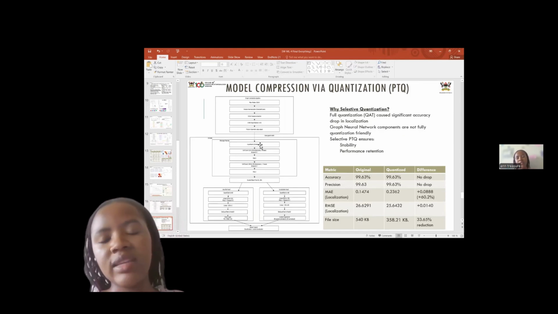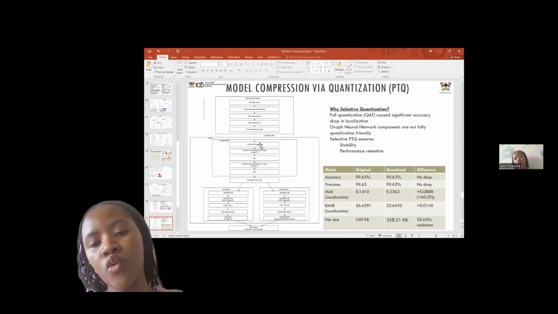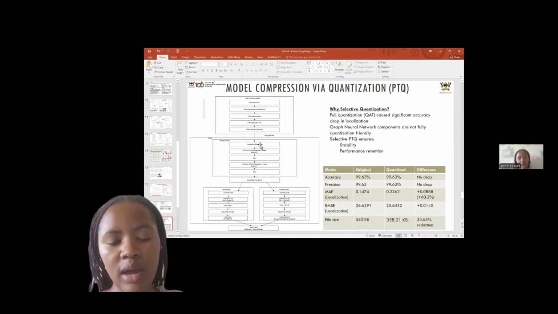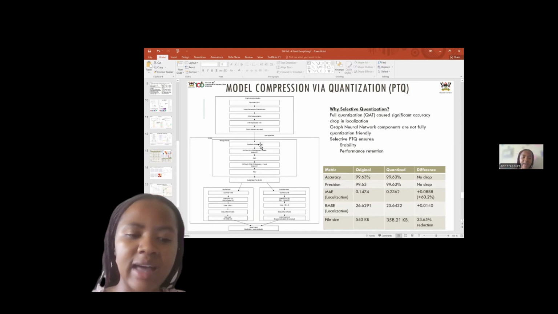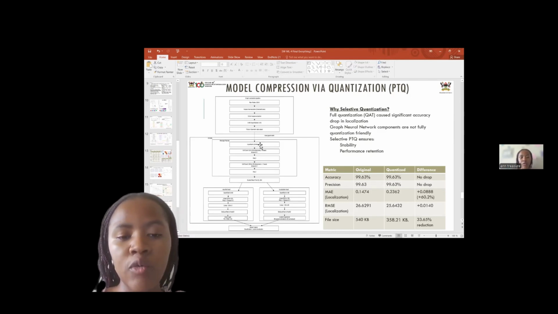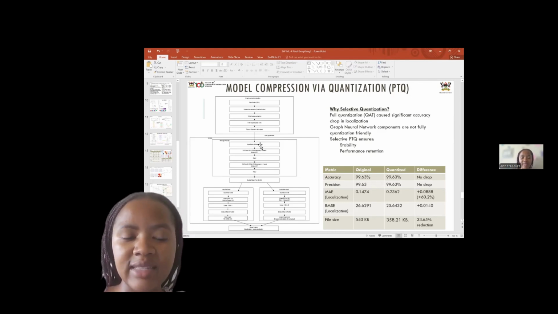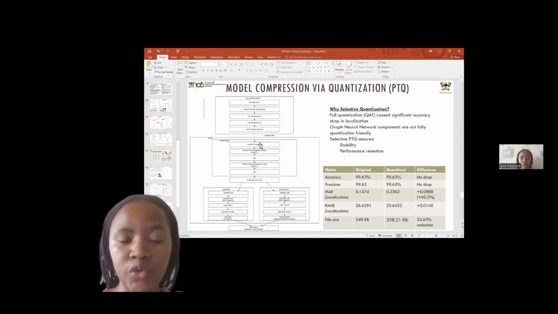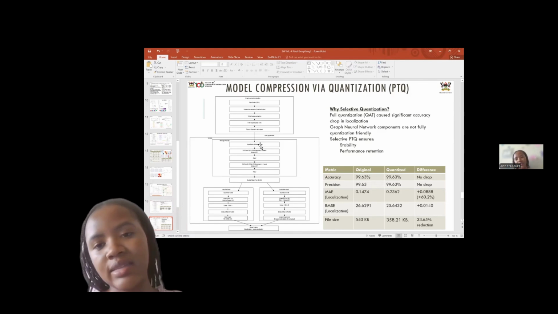So the next was quantization. We reduced the way the weights were being stored. The weights were stored as large float 32 data, so we had to reduce the size of the weights to int 8 data.